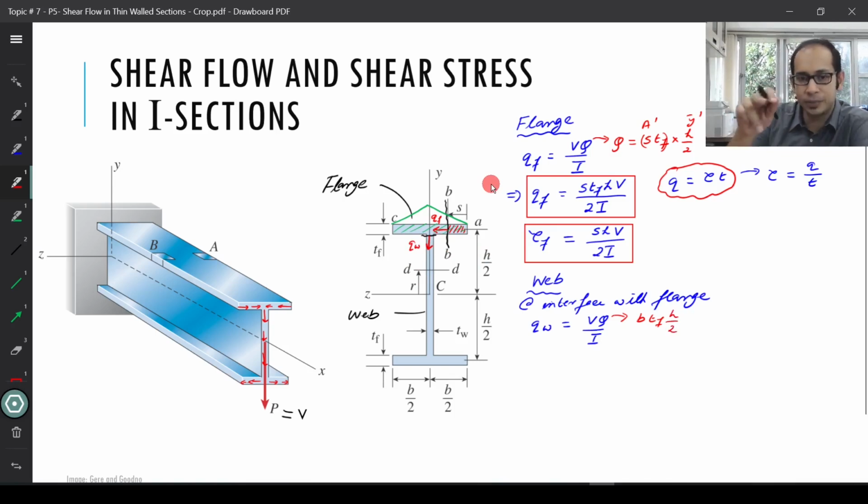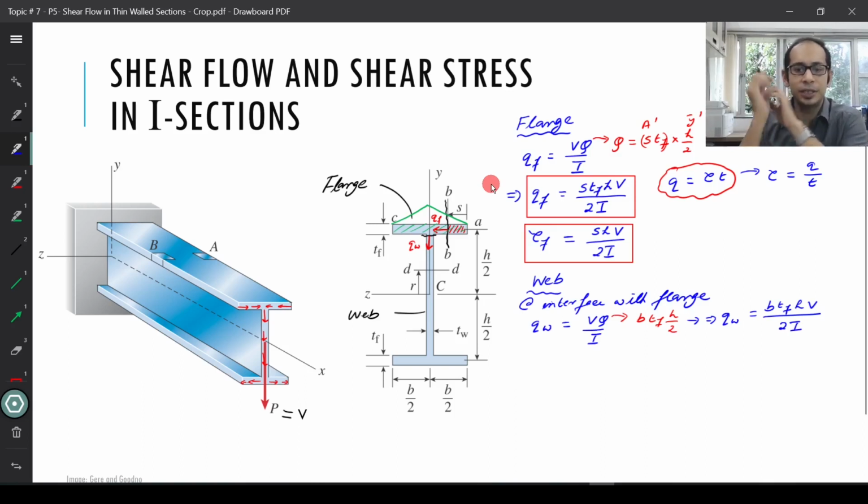Now if you back substitute in this expression, what it essentially gives you is that your q of w, remember this is at the interface with the flange, is b times tf times h v divided by 2I.